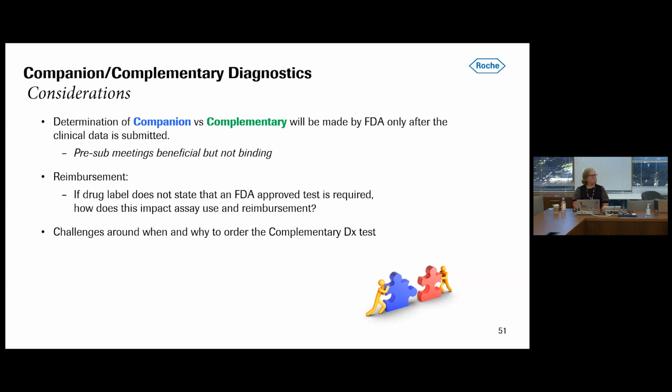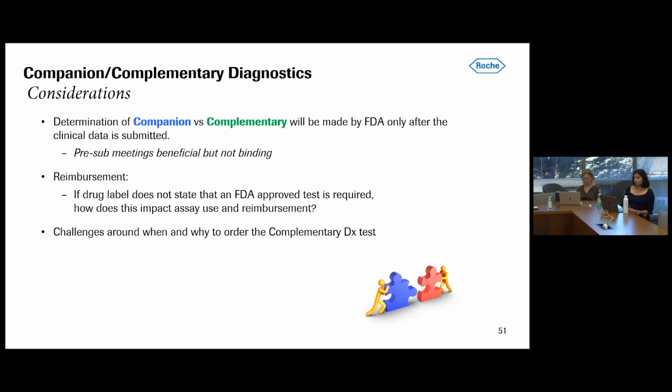There have been talks of how you can use the data with the complementary diagnostic to perhaps put your pricing strategy together. Especially when you're looking at a global registration of a drug, some countries will not pay you if your outcomes aren't a certain X. And the complementary diagnostic really helps in negotiating pricing with different countries where their expectation of benefit to pay is different from the United States.